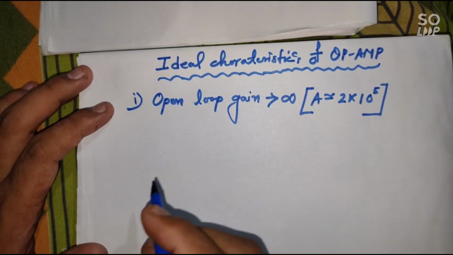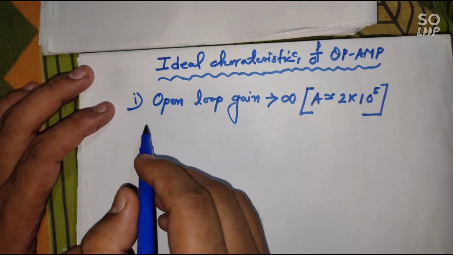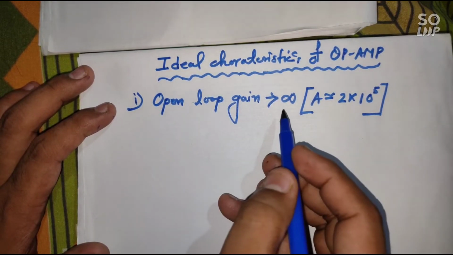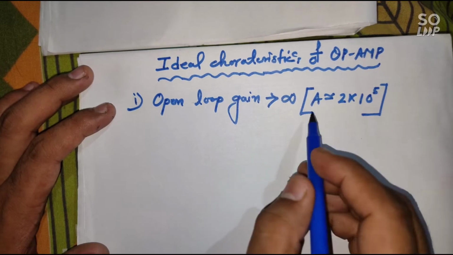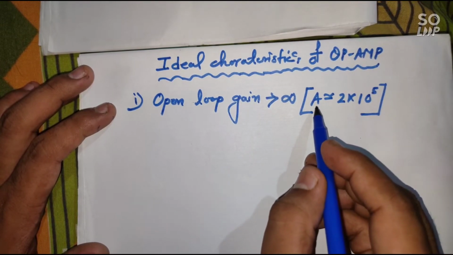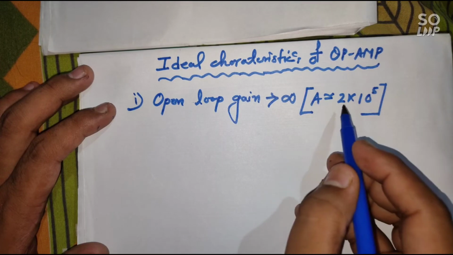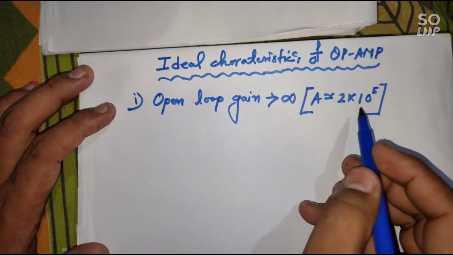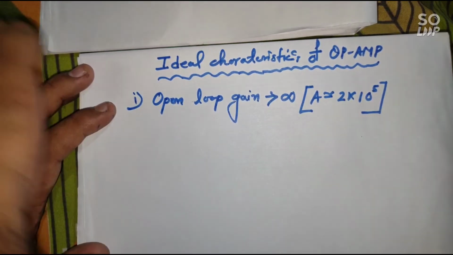Now the ideal characteristics of an op-amp. The first one: open loop gain is infinite, but practically the open loop gain, represented by A, is nearly 2 into 10 to the power 5. What is open loop gain?